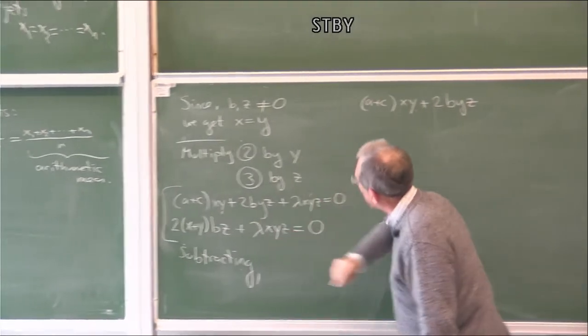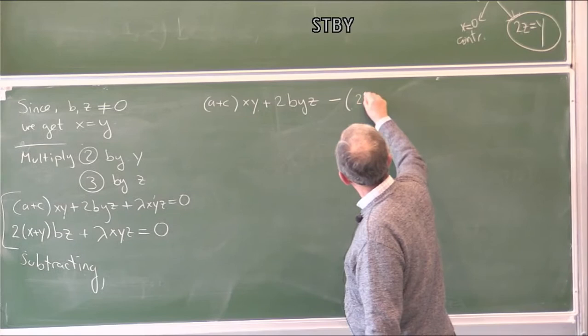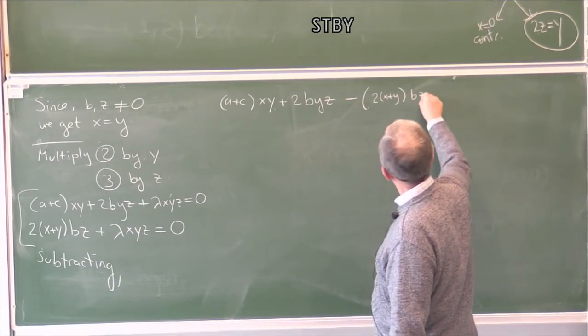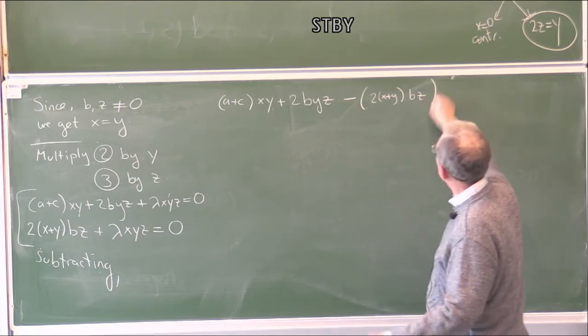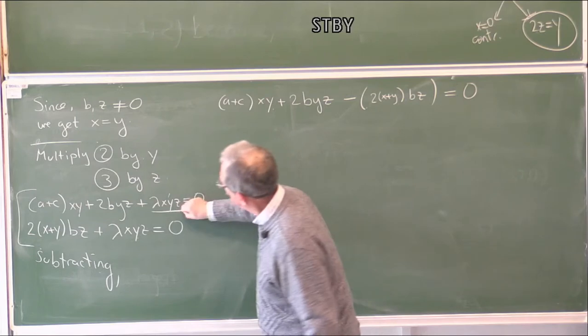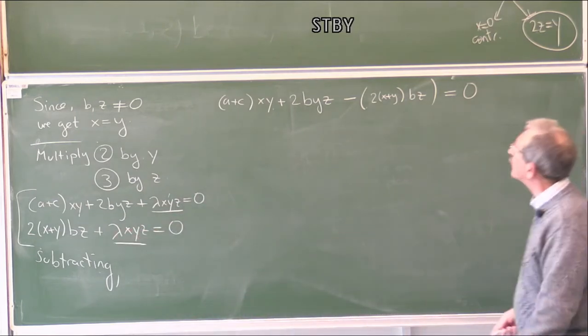These will cancel out, minus 2x plus y bz, and that's all. This is it. Because these terms cancel out, and that is what I intended to do.